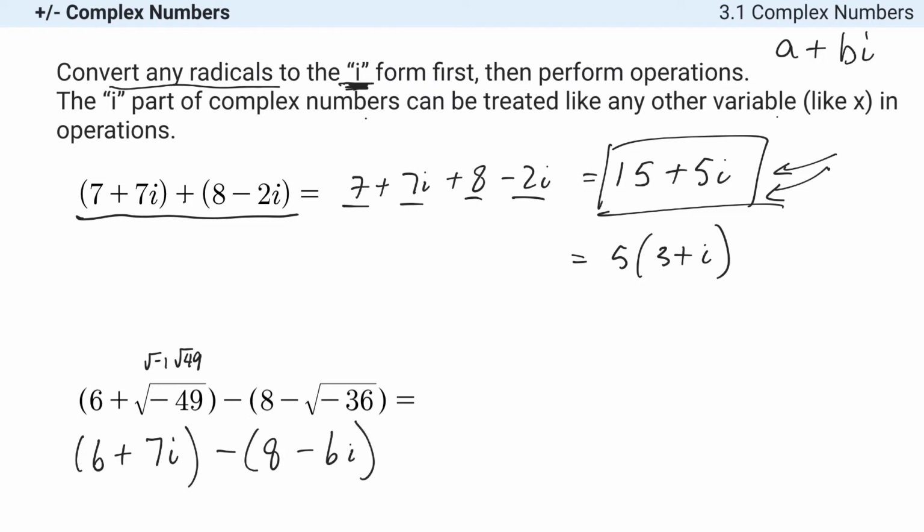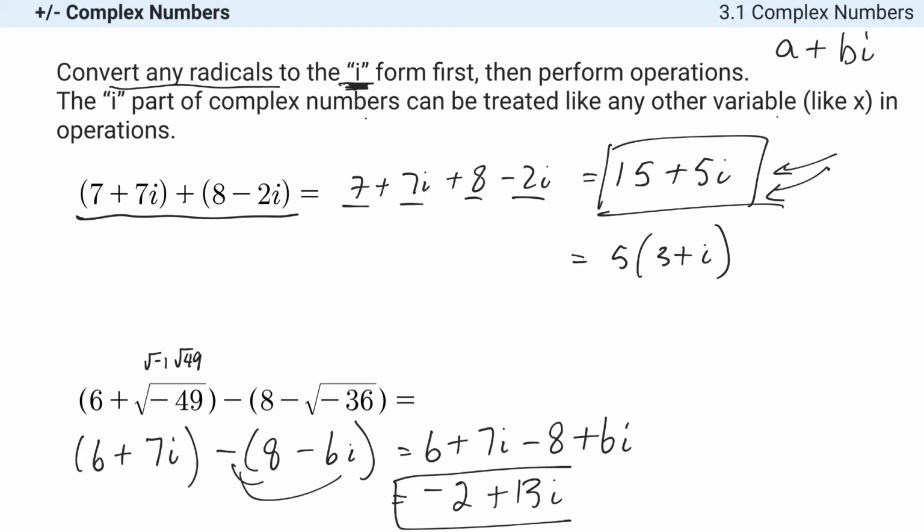Now, since it's subtract, I need to apply that subtraction to both terms in the second bracket. So I'll drop the first bracket, and then I'll have minus 8 and a plus 6i. Now we'll collect like terms. 6 take away 8 is a -2. 7 plus 6 is a plus 13i. So that would be my answer to that question.